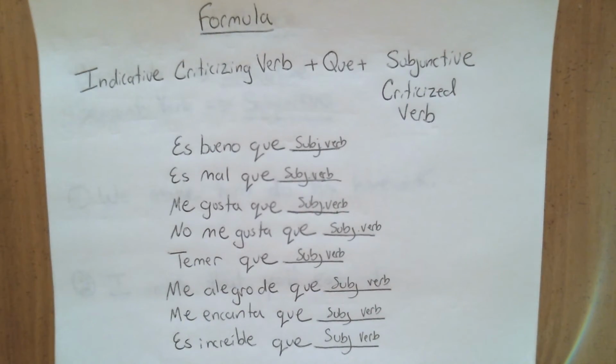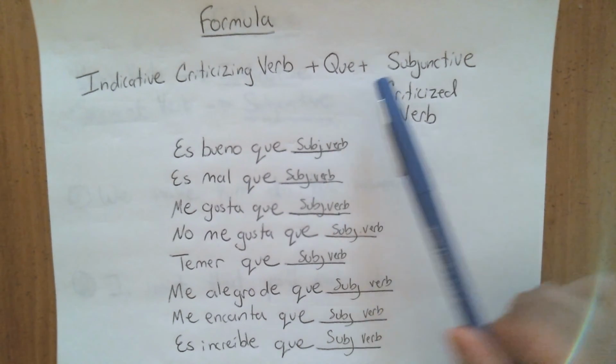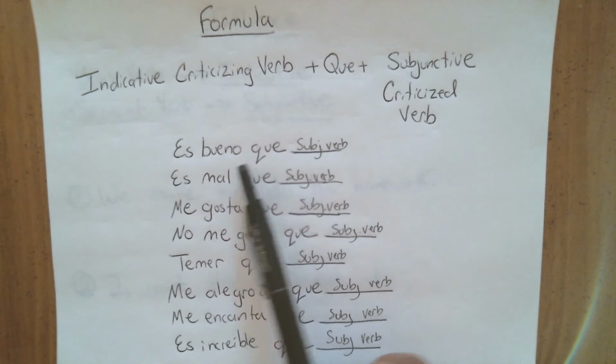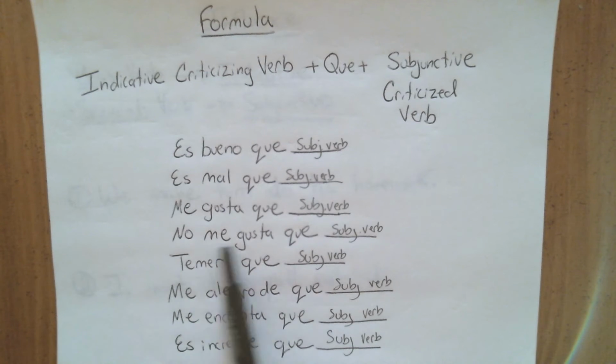And so this is just a list of criticizing phrases that you can use where a subjunctive criticized verb is going to follow. So the general formula is you make your regular criticism in the indicative, then you have a que, then you have a subjunctive verb that is being criticized. It's good that, or it's bad that, or I like that, or I don't like that.